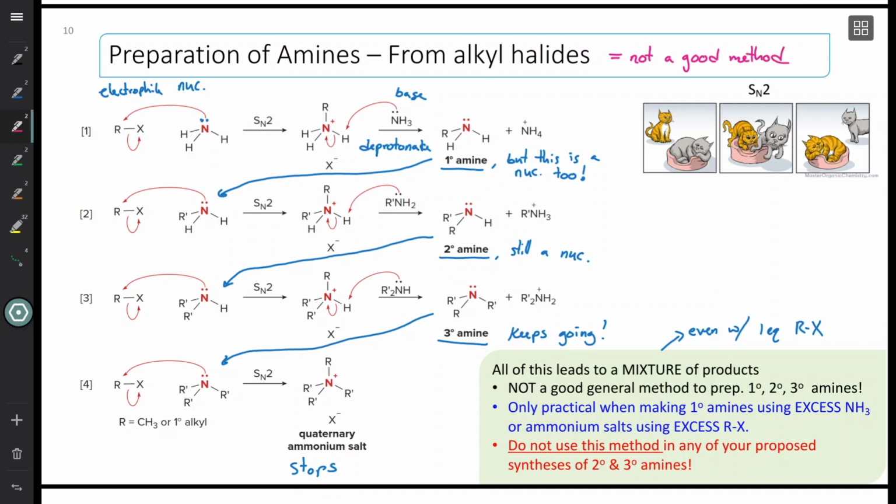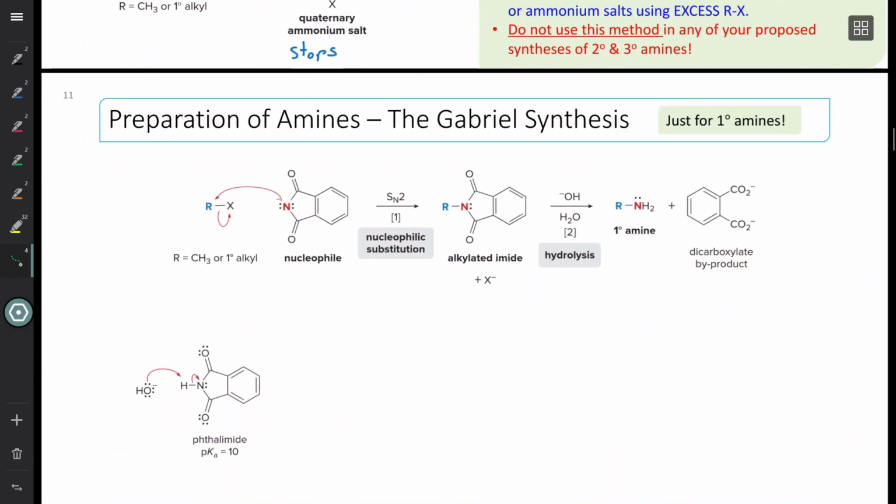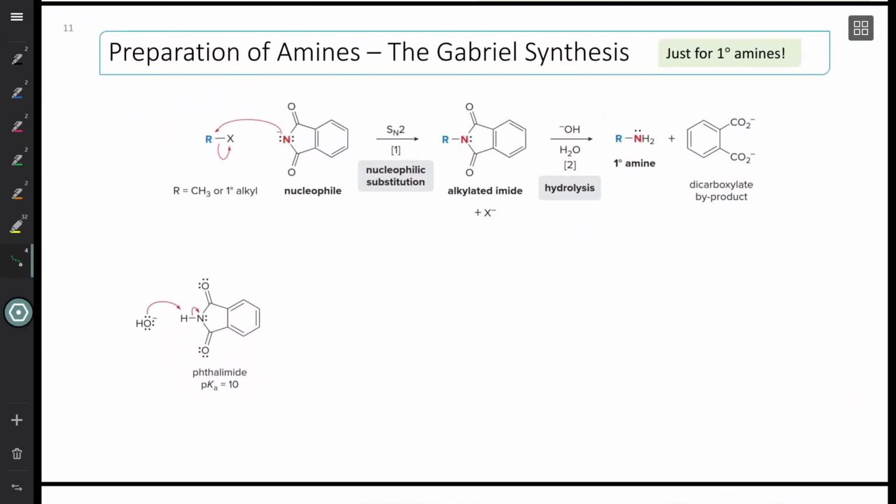And you should definitely not use it. Do not use this for trying to do a synthesis of a secondary or tertiary amine. There's actually a better way of making the primary amine without any competition, and that's called the Gabriel synthesis.